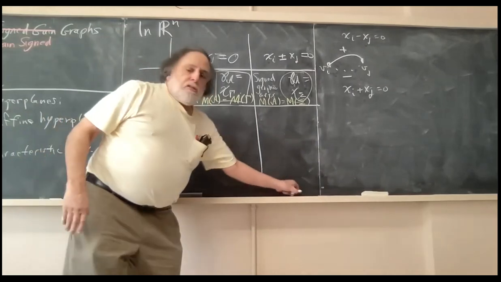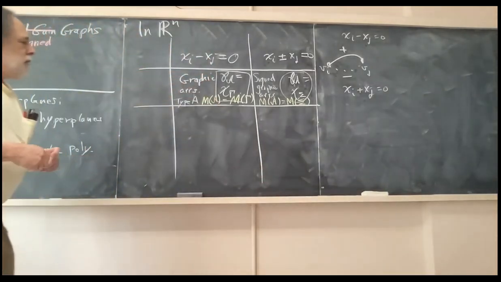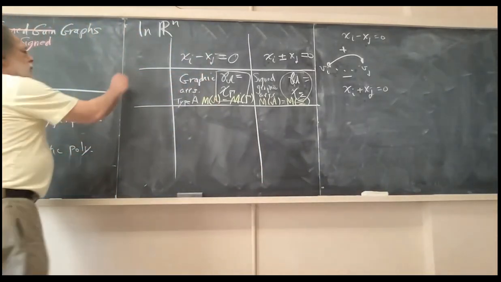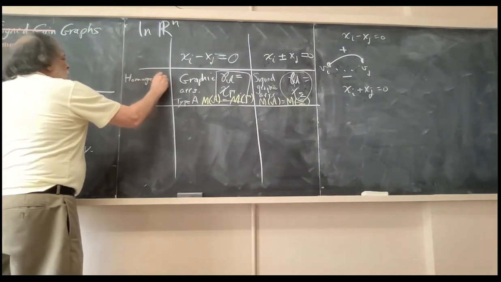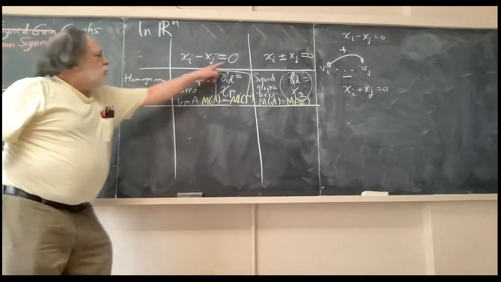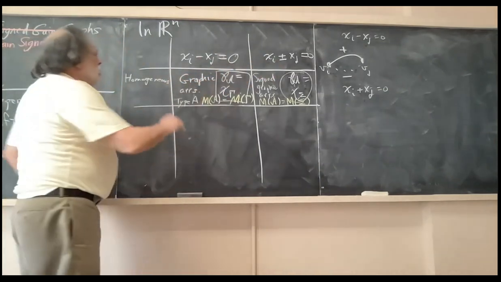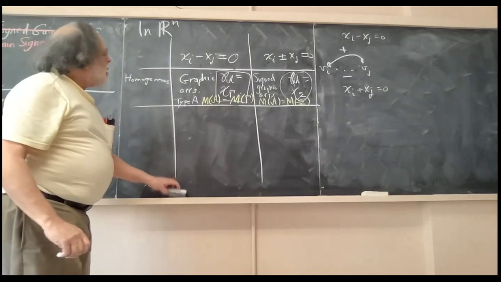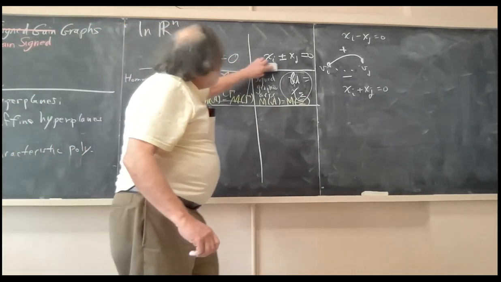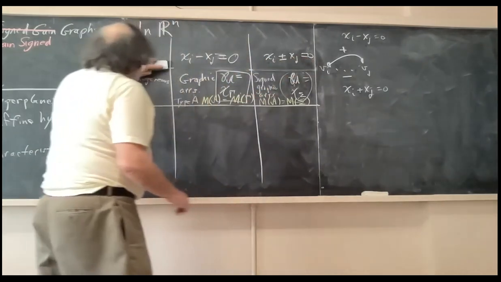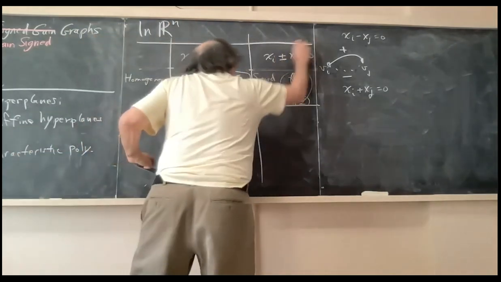The general picture starts with this row. Let's say homogeneous. You notice that these are zeros. Oh, wait a minute. Let's move this line because now we want to generalize to arbitrary constants.